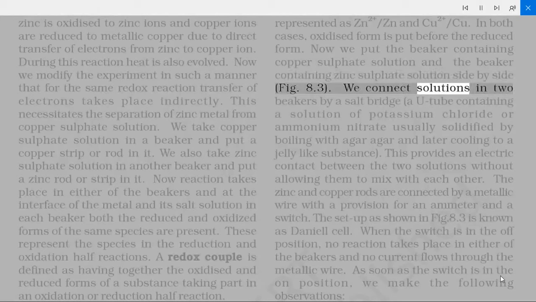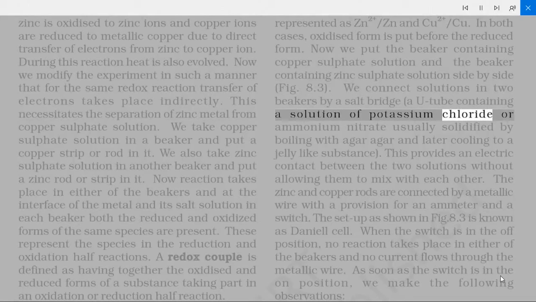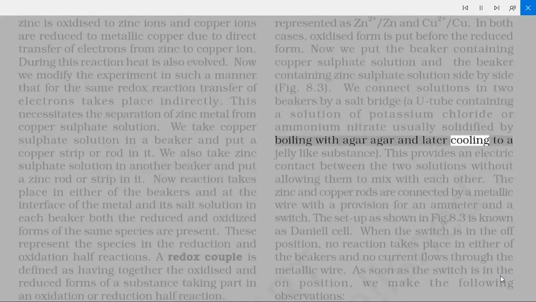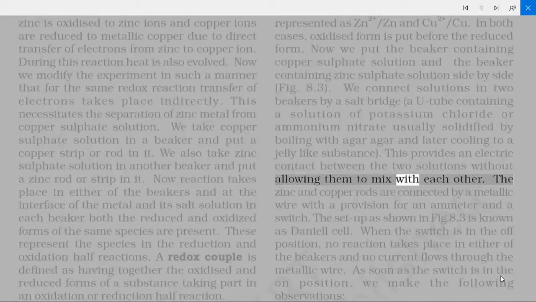We connect solutions in two beakers by a salt bridge, a U-tube containing a solution of potassium chloride or ammonium nitrate usually solidified by boiling with agar and later cooling to a jelly-like substance. This provides an electric contact between the two solutions without allowing them to mix with each other.